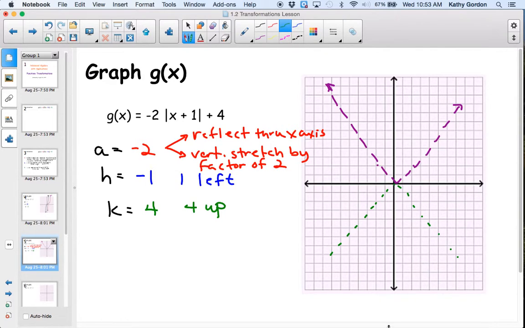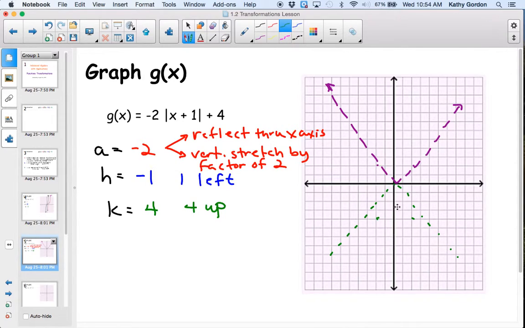So instead of just the 2, 2, I'm now talking about 2 and moving 4. So I have a point more like that. 2 and going 4. Okay, so we can see how it's going to get skinnier than what I had originally. But then I have to take all of those points and move 1 left and 4 up.